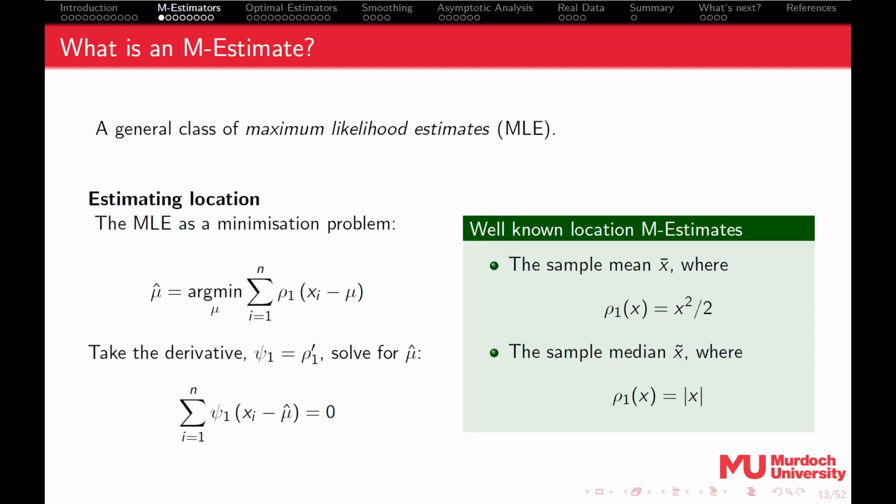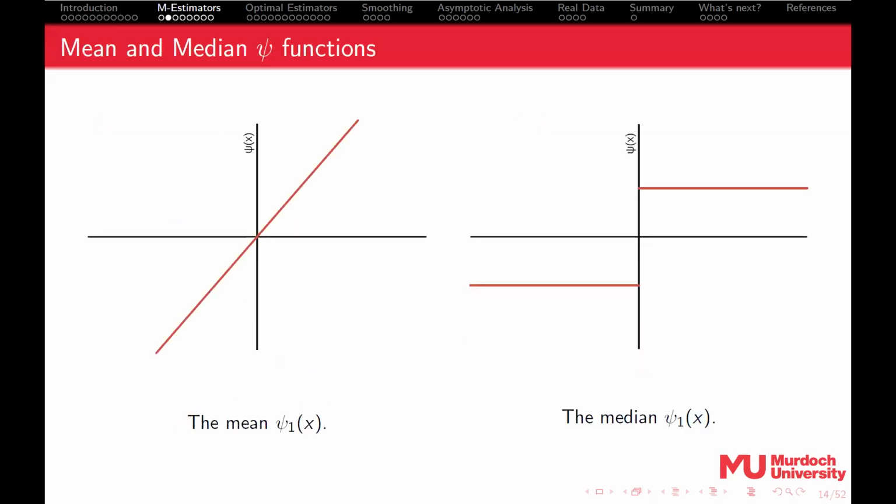Now, you're already familiar with M estimates because, in fact, if we plot the psi functions, we get plots from negative infinity to positive infinity, left to right, and the median, which is effectively a sine function.